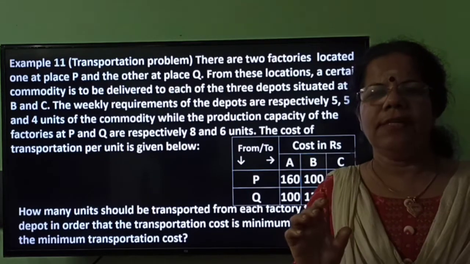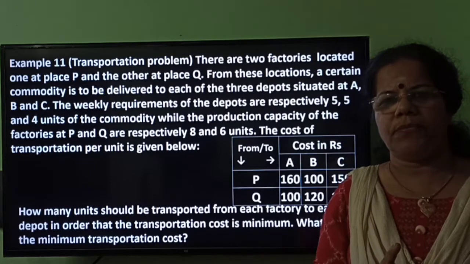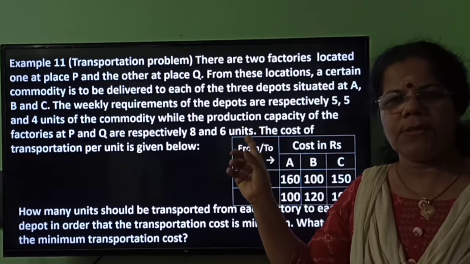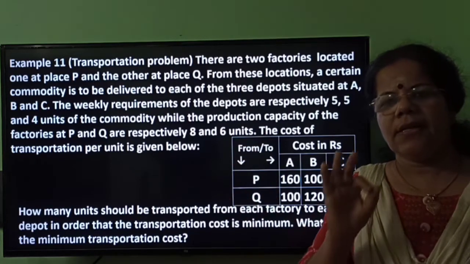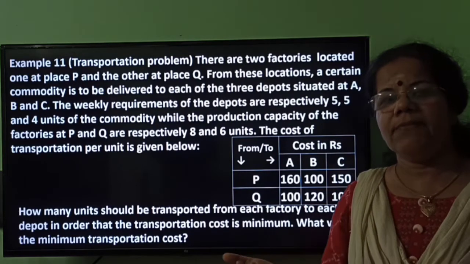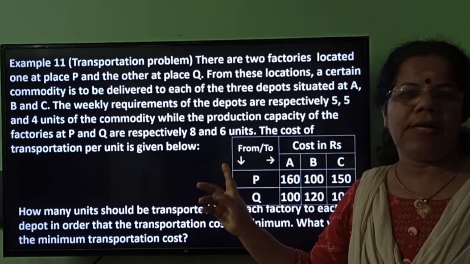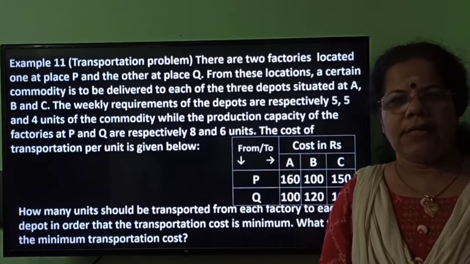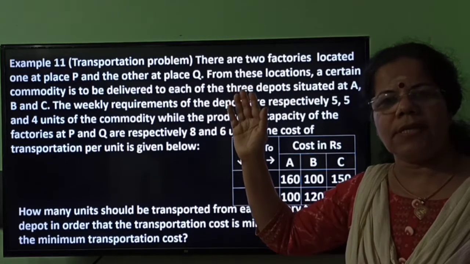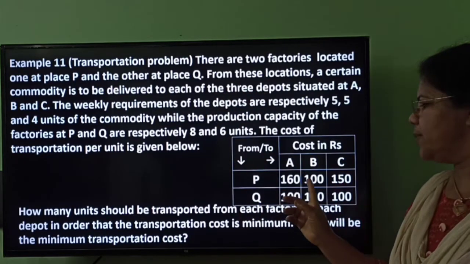First, briefly, there are two factories located at P and Q. Second, a certain commodity is produced in these two factories. Then there are three depots located at A, B and C. The weekly requirements of the depots are 5 units, 5 units and 4 units. The transportation cost per unit from P and Q to A, B, C is given in this table.